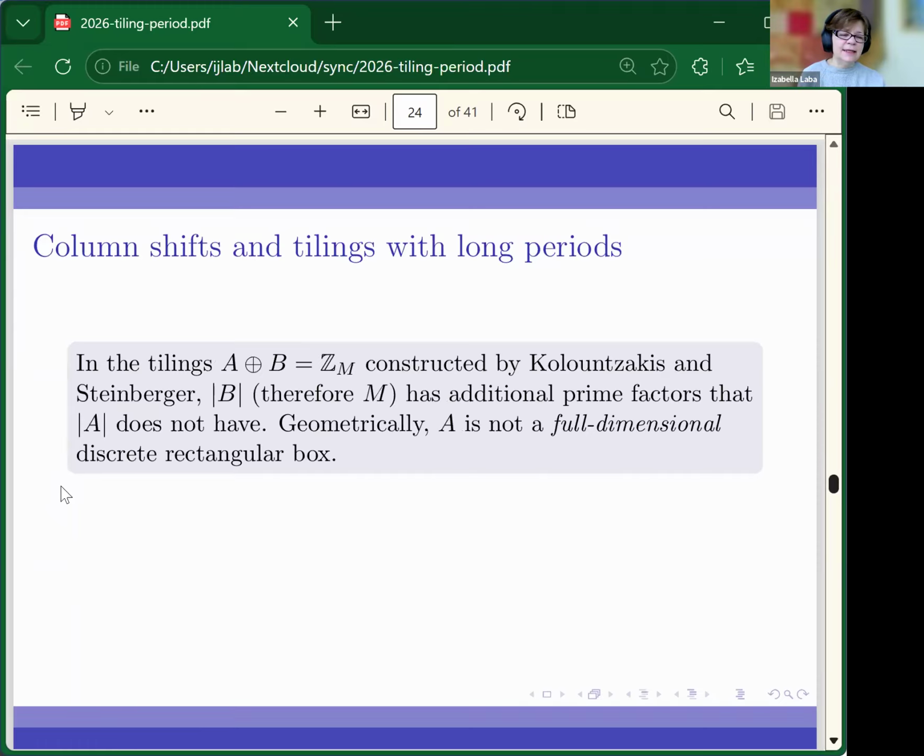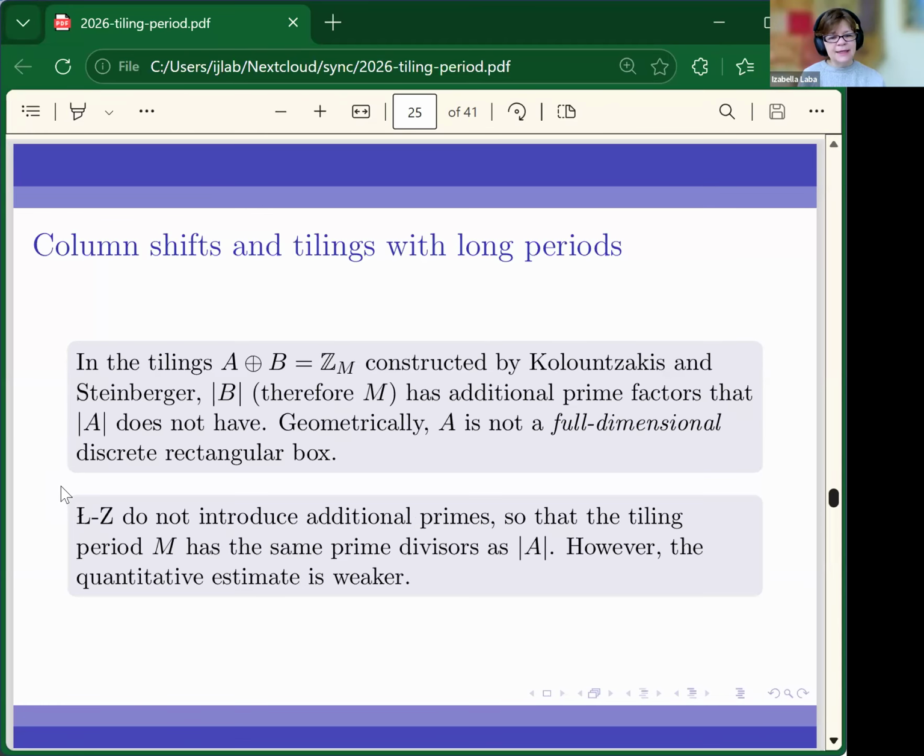The tiling in the constructions by Kolountzakis and Steinberger has additional prime factors. Geometrically, it means that A is not a full-dimensional rectangular box. In my work with Zakharov, we do not introduce additional primes, but the quantitative estimate is weaker.